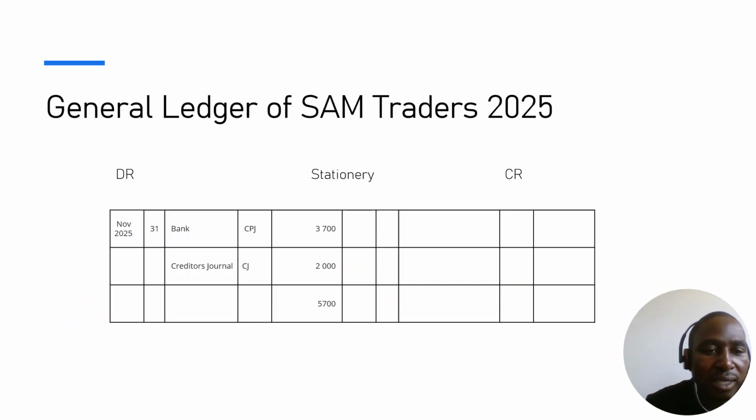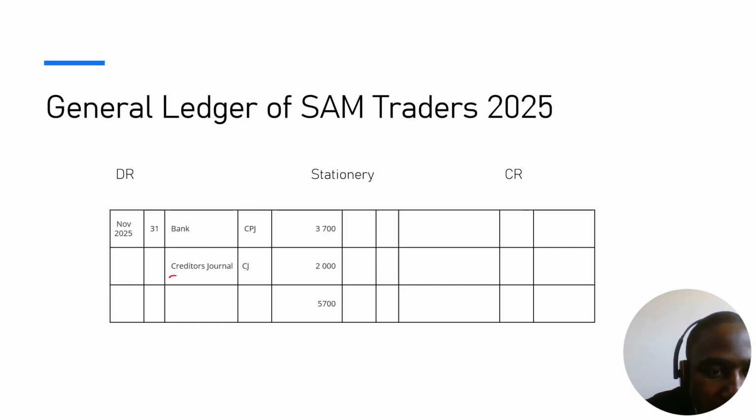Since we have purchased the first one from the CPJ on cash, we said everything from the CPJ, we write it as bank. Because money went out of our business bank account, on details you write bank, and you write on folio CPJ, and you write 3,700. And we said everything from the creditors journal, we write it as creditors control. This is a mistake.